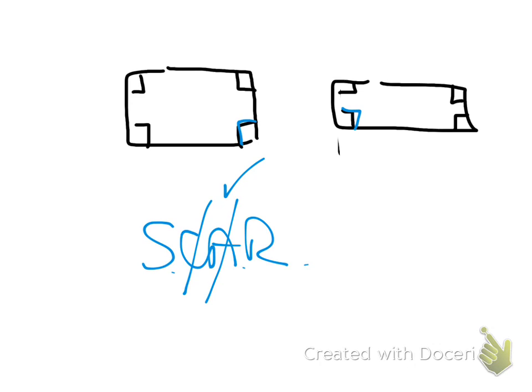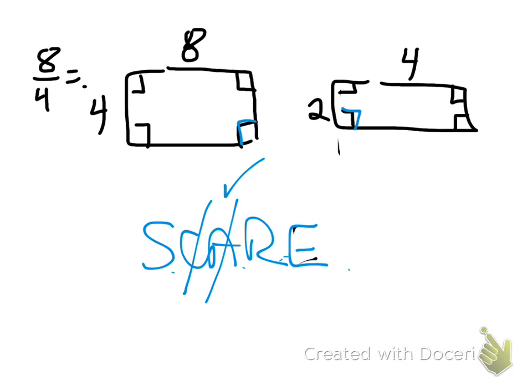Because we all have right angles. Side ratios that are equal. Oops, forgot the E on scale. Ratios that are equal. Let's look at our side ratios. If I gave you a side of 8 here and a side of 4 here, side of 2, side of 4. Okay, the ratio between the sides of this shape is 8 to 4. That equals 2 over 1, so that's just 2.